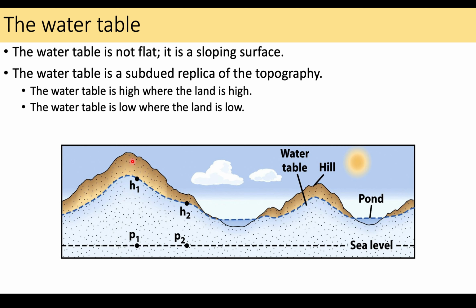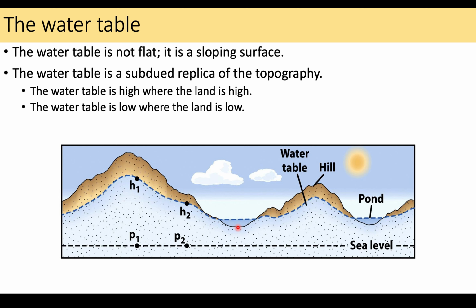Where we have higher topography, you're going to have a higher water table. Where we have lower topography, you're going to have a lower water table. It follows almost a less extreme version of our topography. Where we have high topography, we have high water table, but it's not going to be quite as high. Where we have low topography, we have low water table, but it's not going to be quite as low. So it's almost a simplified version of our topography.